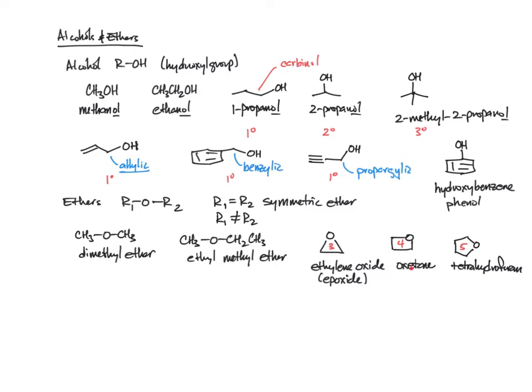The oxetane is also strained, but less so than the epoxide. And then the tetrahydrofuran as an organic molecule by itself is typically used as a solvent. But we're going to see later on with derivatives of this structure are important biologically in sugar molecules that are present in DNA and RNA.